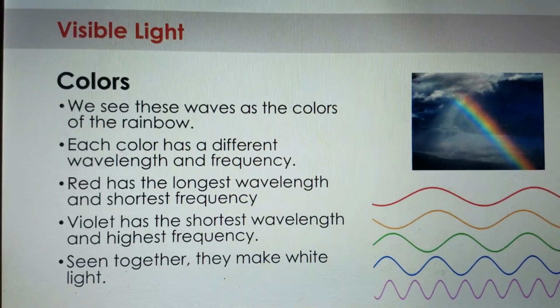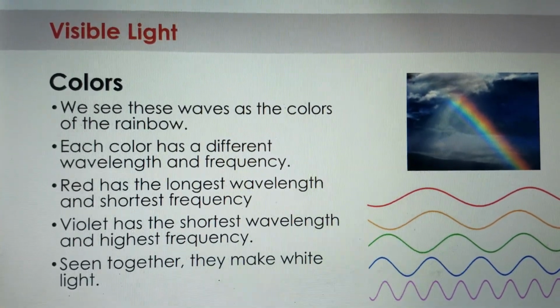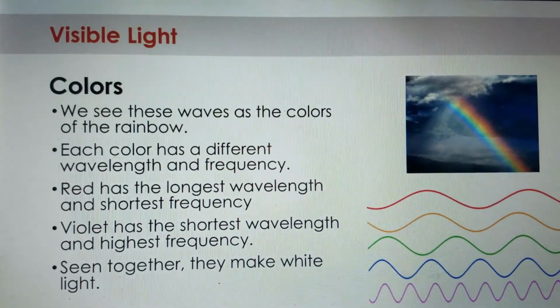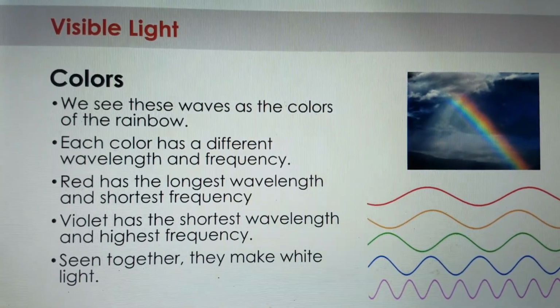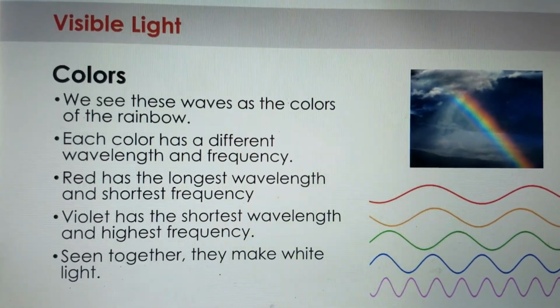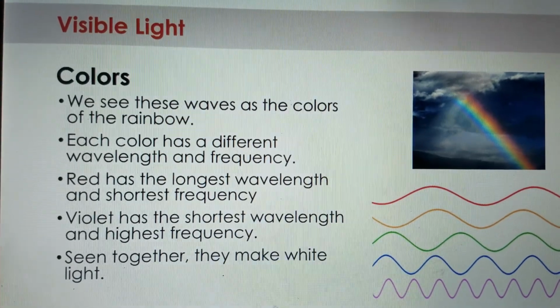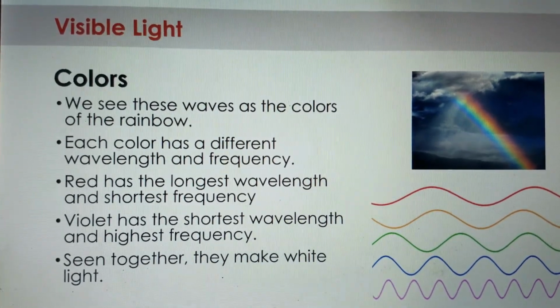But again, white light can be refracted by a prism and split into its individual wavelengths, its individual colors. And this is what happens when we see a rainbow.